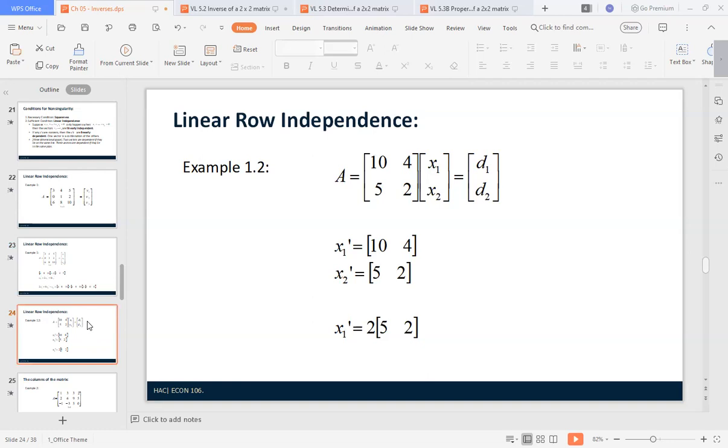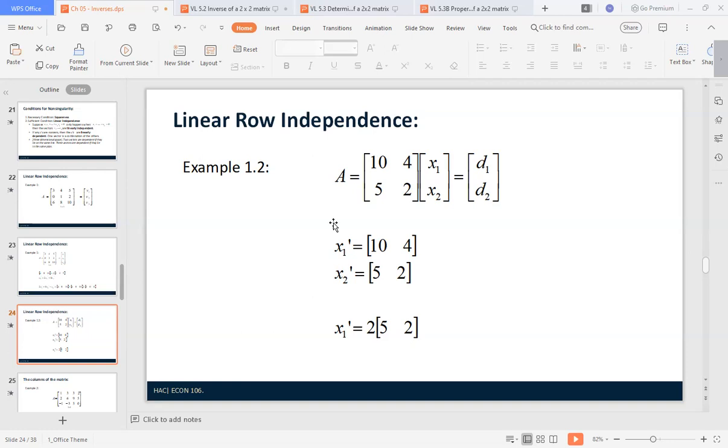Let's have example 1.2. So in this case, again, you can have other scalars here that could prove your point. But in this case, we have a matrix A, 2 by 2 dimension. So it's 10, 4, 5, and 2. We've also transformed a column vector to a row vector. So that would be x sub 1 prime, which is equal to the row 10, 4.